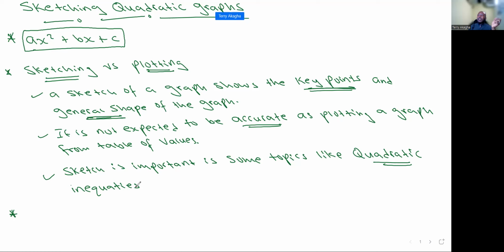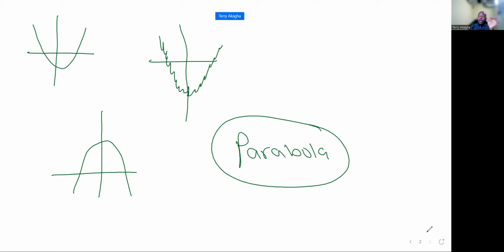This is very important when we're solving questions like quadratic inequalities. When you're drawing, you draw with one smooth line, not a dashed line or something. You're not drawing art. It has to be very smooth.